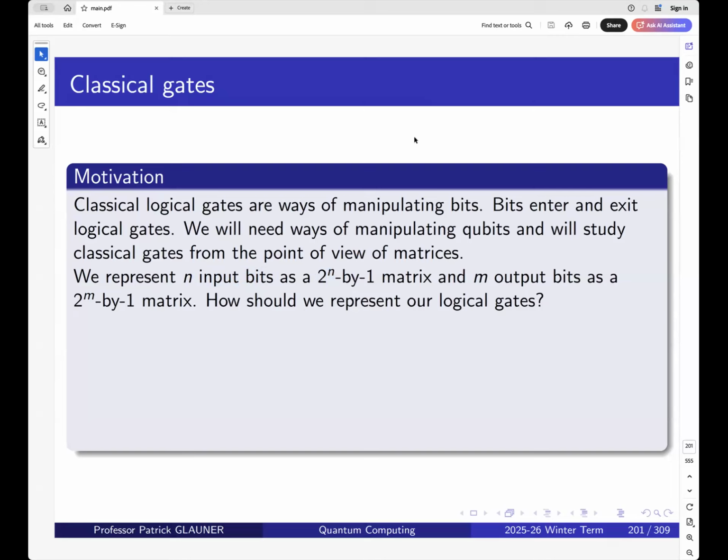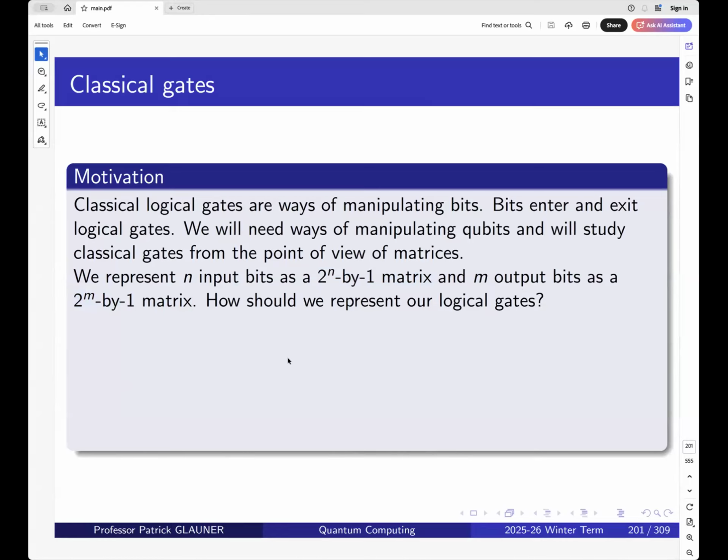So far, it's classic binary values 0 and 1. And I have these m outputs, and I would represent them as 2 to the power of m many entries in a vector. I write here a 2 to the n by 1 matrix, so just one column would be a vector, and a 2 to the power of m by 1 matrix would be just another vector.